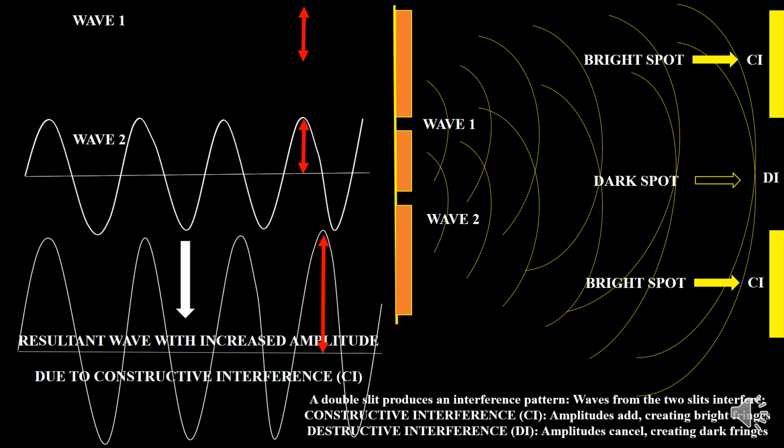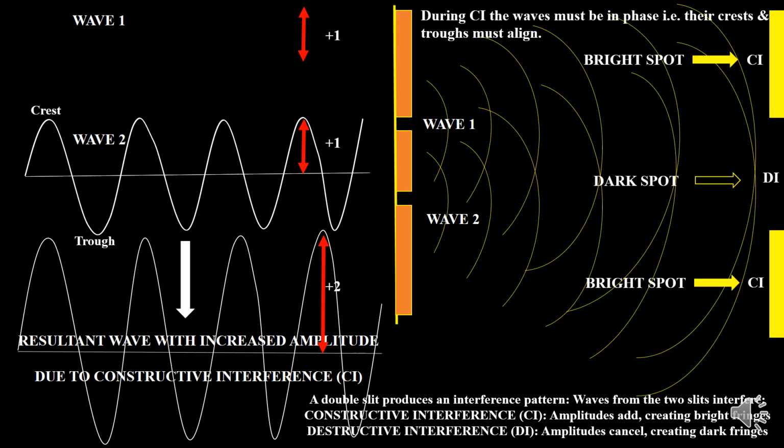And during constructive interference, the amplitudes of the individual waves add up, creating bright fringes. And most importantly, during constructive interference, the waves must be in phase. That is, their crests and troughs must align.